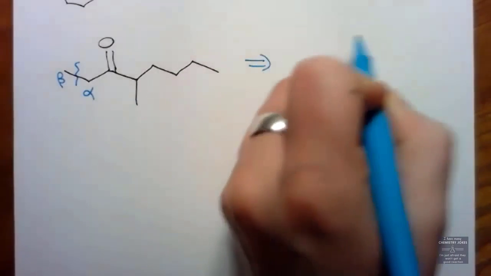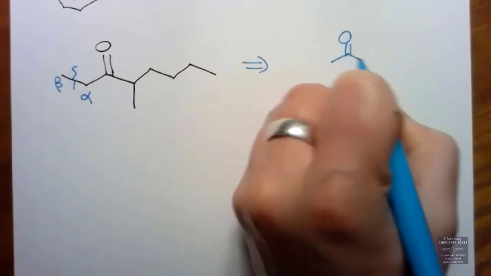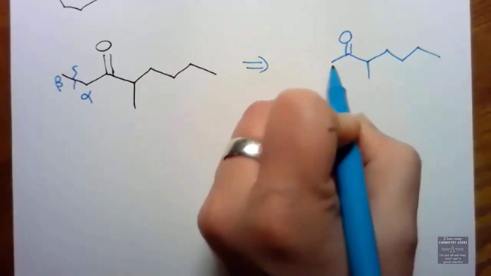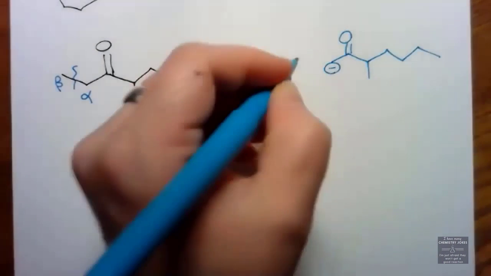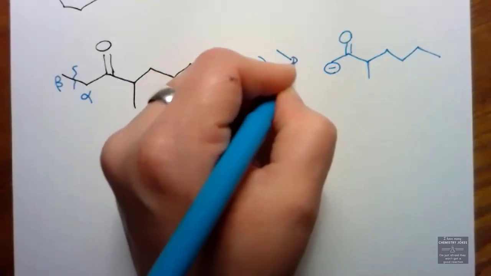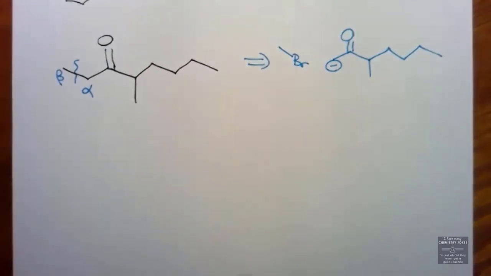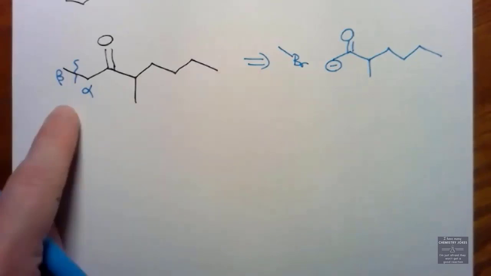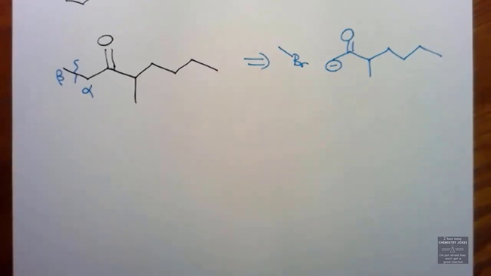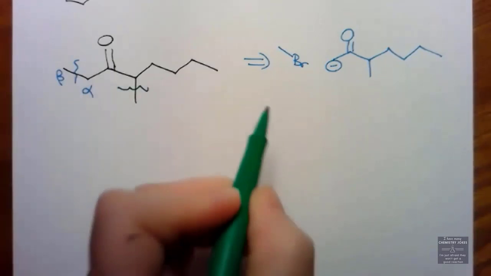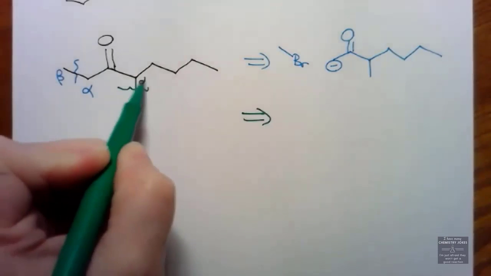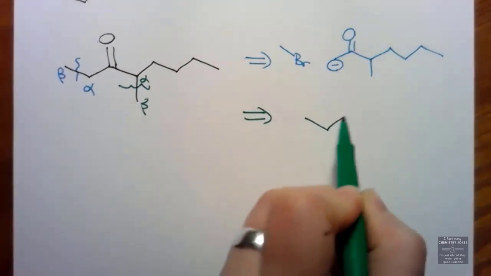We're going to draw it in blue. That would mean this enolate attacking something like this good SN2 substrate. Does it have to be a halogen? No, but sure. So this is if I make that blue alpha-beta bond. This is if I try to make the green alpha-beta bond.